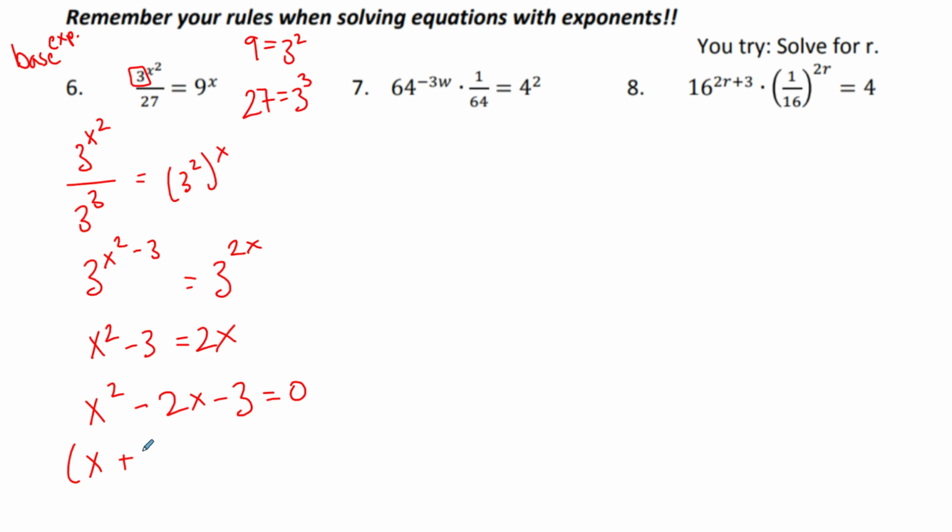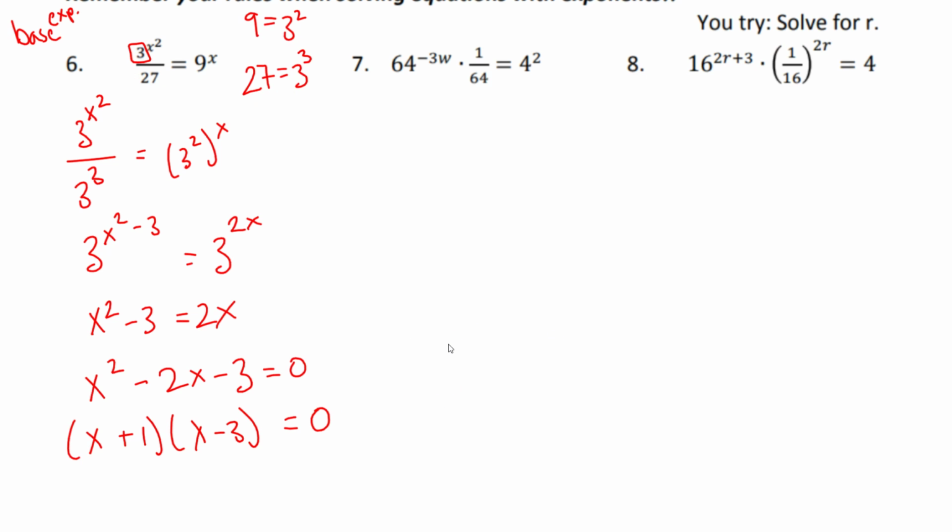That would be x plus 1, x minus 3. Set it equal to 0. That means that our solutions would then be x equals negative 1 or positive 3. So either of those solutions would work. Okay, excellent.